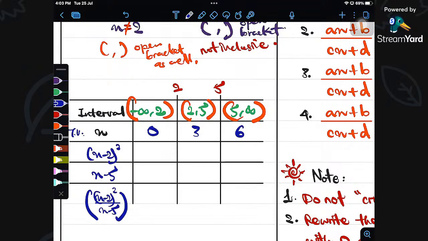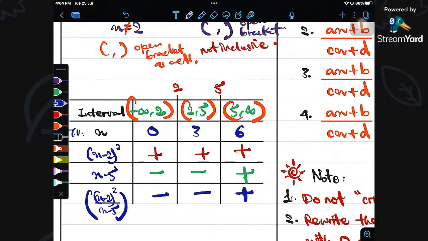That's my rational expression, and so I substitute in. If you notice, wherever there is a squared part, everything is positive. Whatever value you put into the square, it will give you positive. While the rest of it goes negative, positive. So in the end, the signs are just negative, positive.